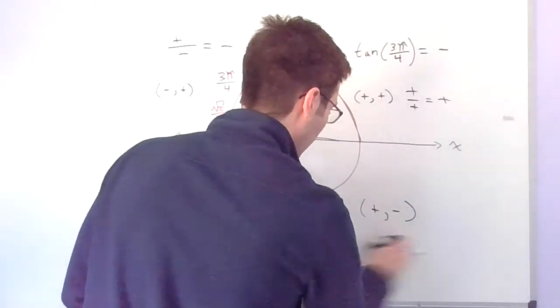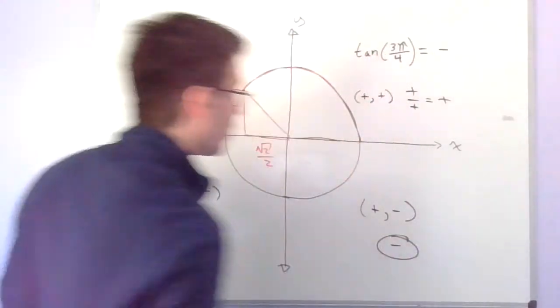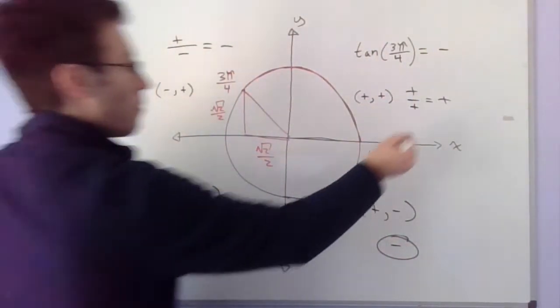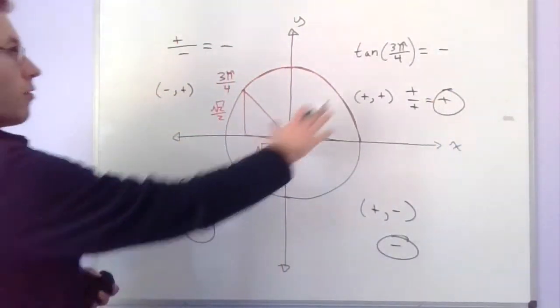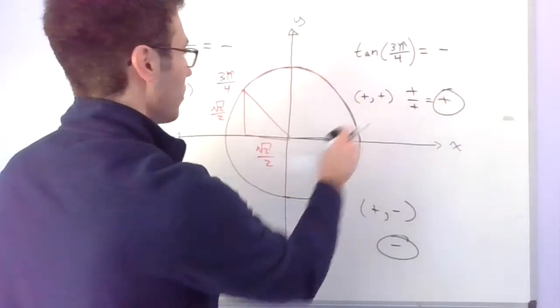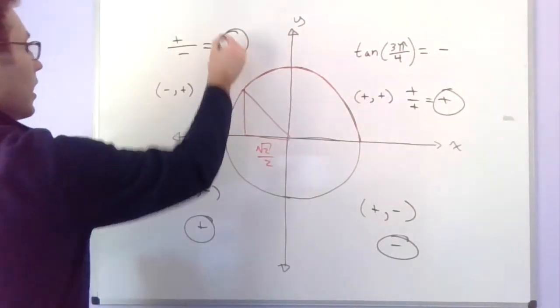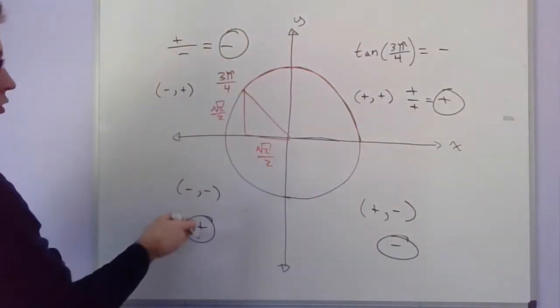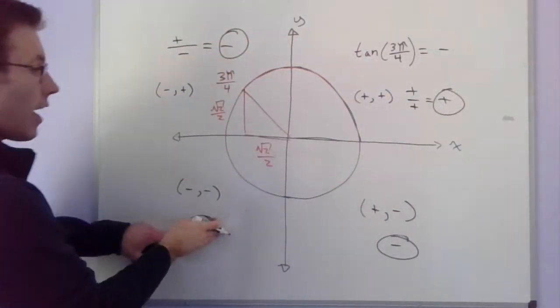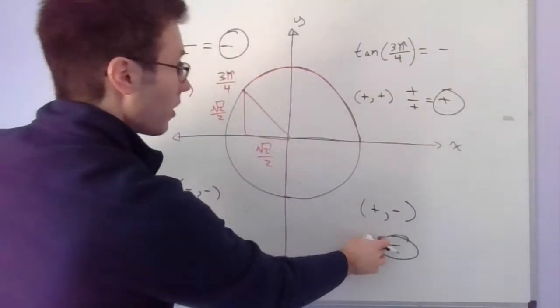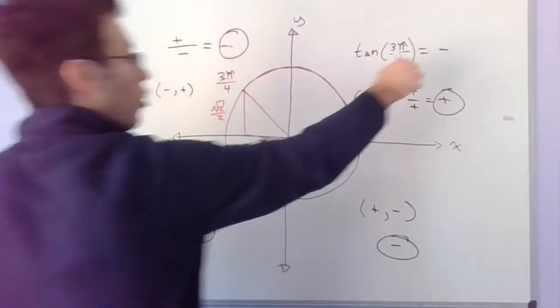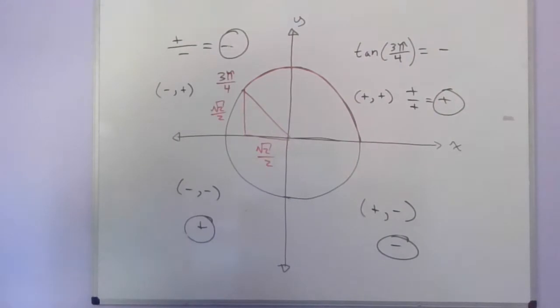So you see how tangent is going to be positive in the first quadrant over here, because they're both positive. It's going to be negative over here. It's going to be positive over here, so these match. And it's also going to be negative over here. So tangent is going to be negative in that way. So you can look at it in this way as well.